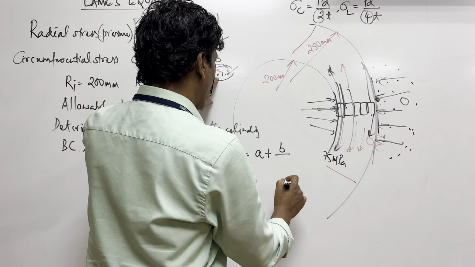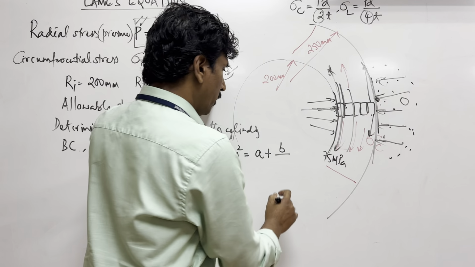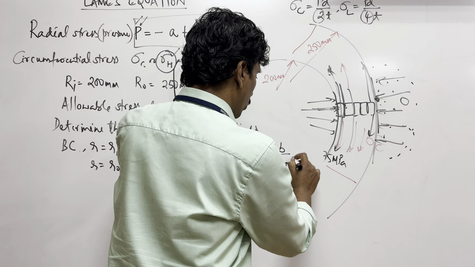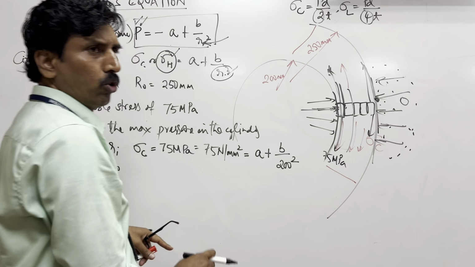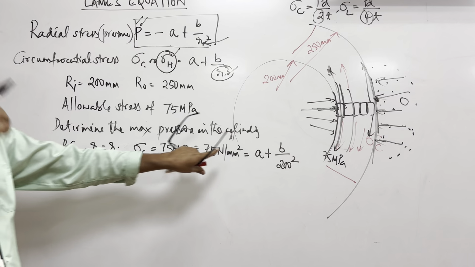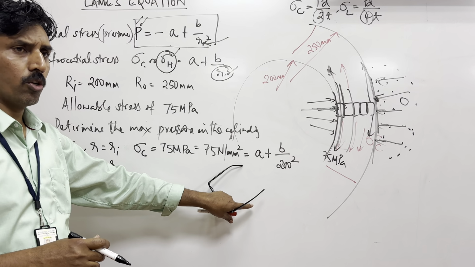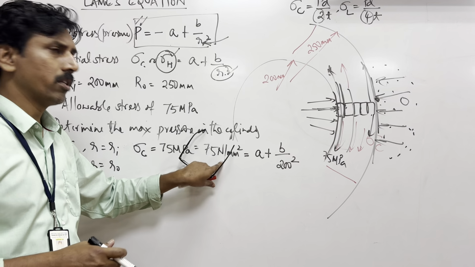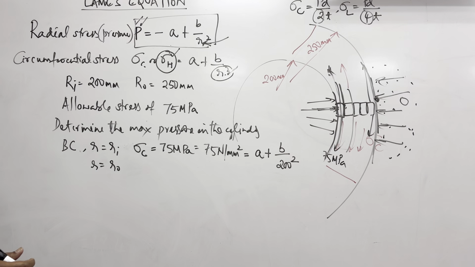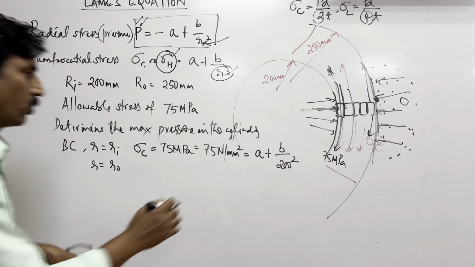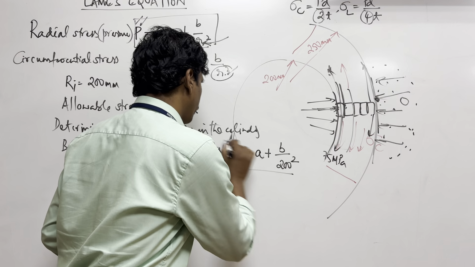I don't know what the value is, but what is the value of R? 200 square. Don't worry about the units; whatever answer you get here will be in the same units. So this is one equation.